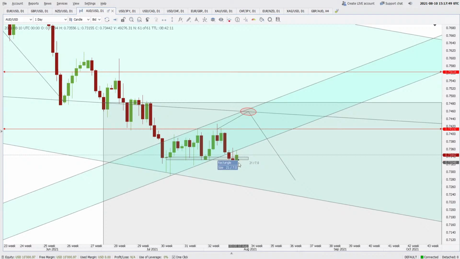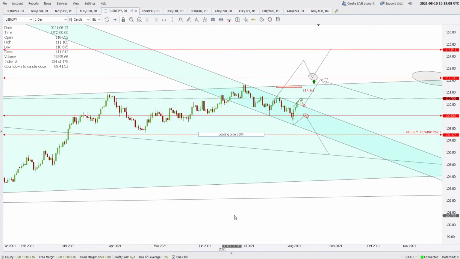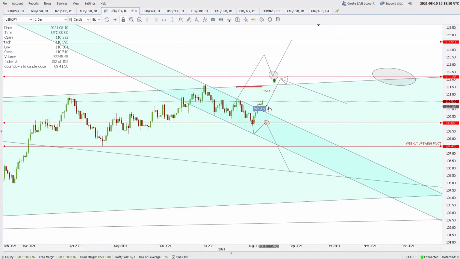Maybe let the price go out of it, either inside this rising channel or below this falling channel's support line. But if you say that you want to open a long-term trade in this Aussie, that is a big no-no.